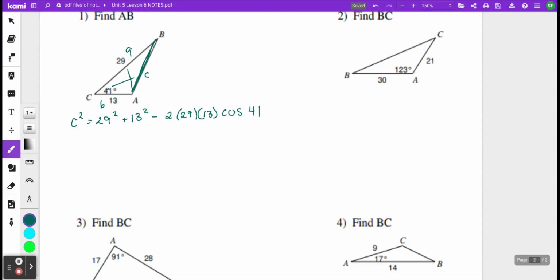Some calculators you can do it straight through, some you have to break up. Check your calculator to see how you're going to actually put it in.